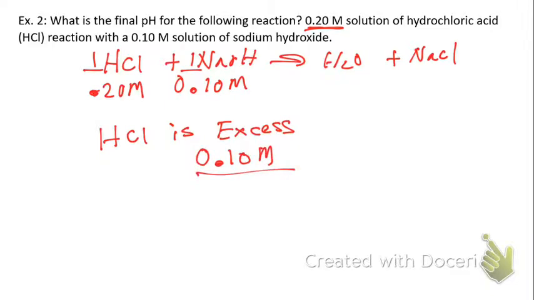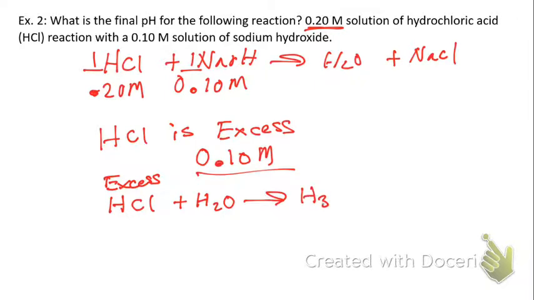So that means that when the reaction is over with, we have two things going on. We have the autoionization of water and the ionization of HCl, because HCl is going to react with water. Naturally, this is the excess HCl, and the water will be the base here, so we're going to form the hydronium ion plus the chloride ion.